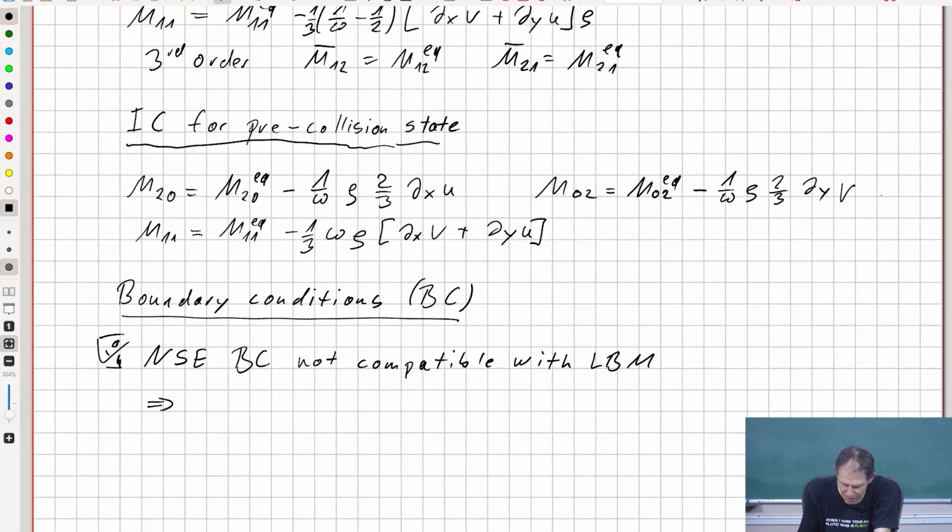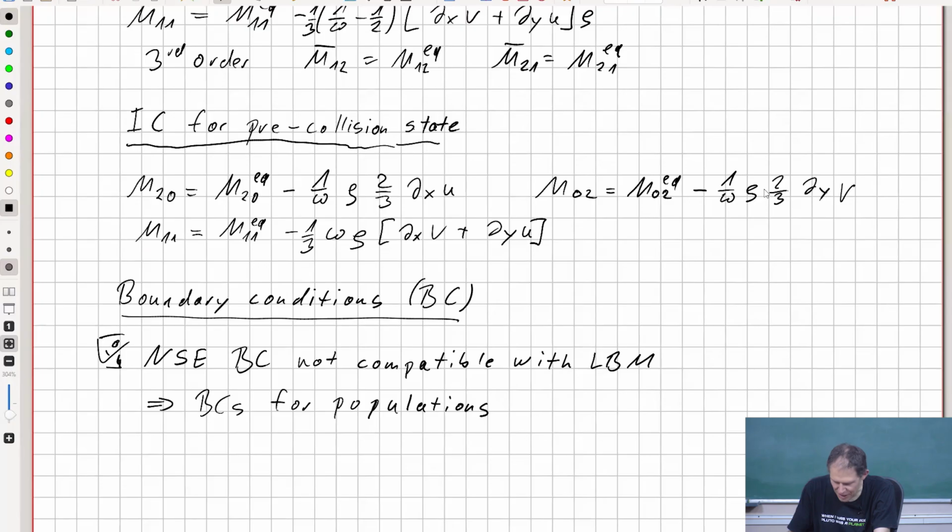We cannot set the boundary condition on U and P, because U and P are emerging quantities of the distributions. We have to set the distribution in order that we get what we want. So we have to set BCs for populations, or sometimes we can also set them for the entire distribution.